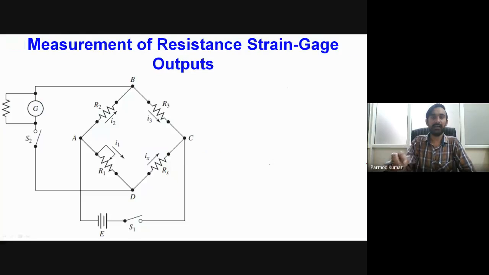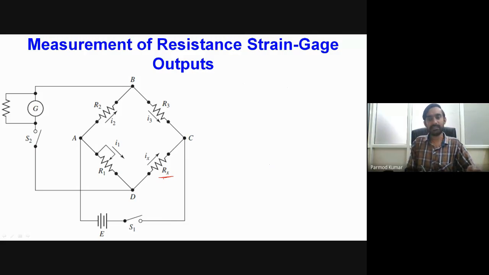In balanced conditions, Rx is considered as the resistance of the strain gauge, and R1 is the variable resistance which can be tuned in order to balance the overall circuit. From the balanced condition we get R1 divided by Rx equal to R2 divided by R3.